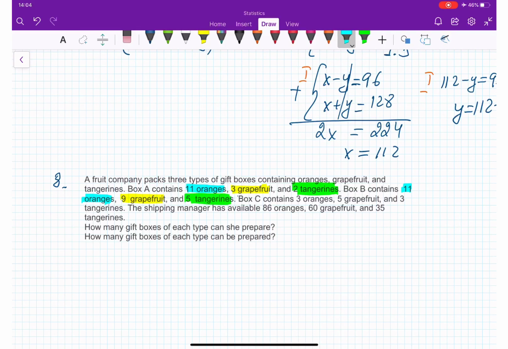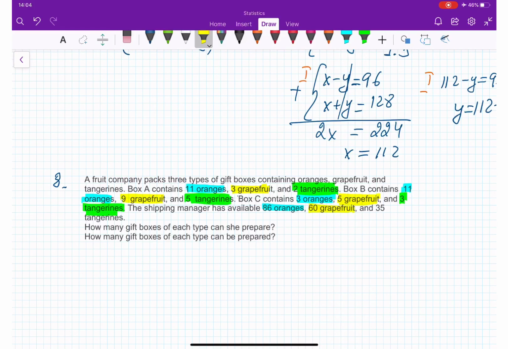Box C contains 3 oranges, 5 grapefruits, and 3 tangerines. The shipping manager has available 86 oranges, 60 grapefruits.